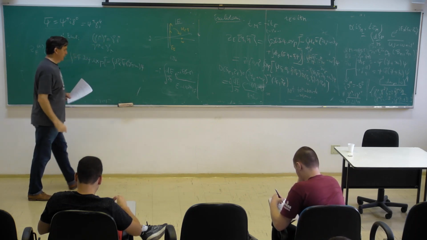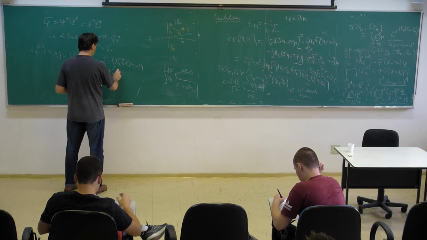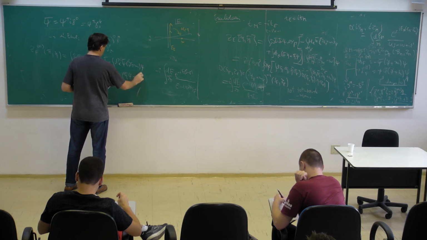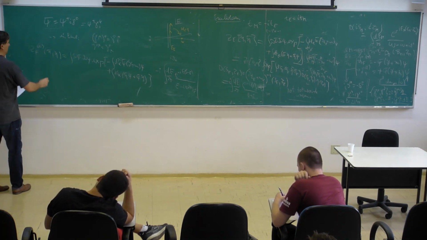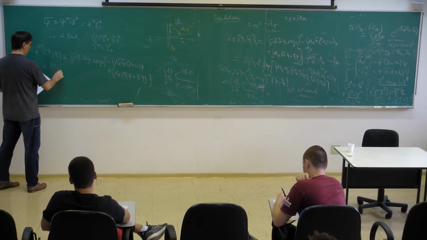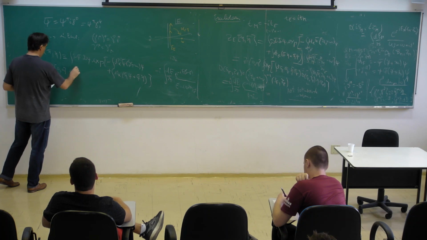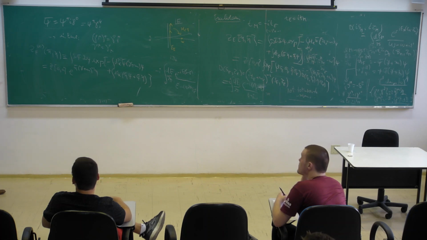That's the free action for the fermion. And then the source piece. That was the definition, and then this becomes eta bar (d slash plus m) inverse eta, right?